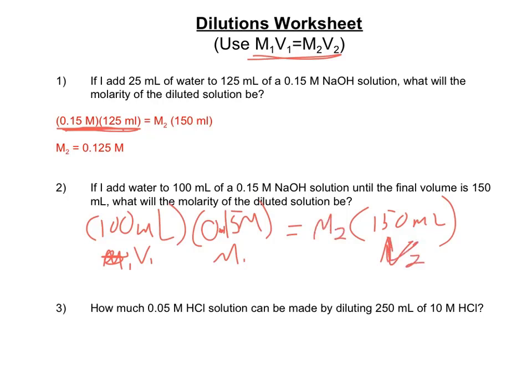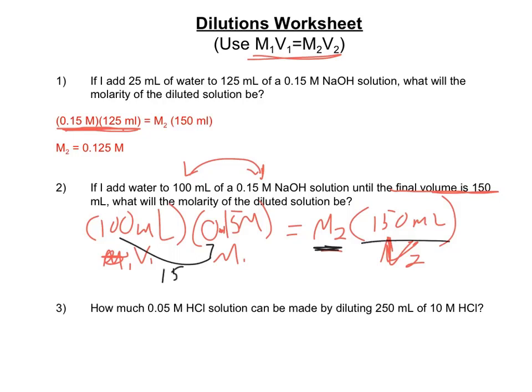Okay, so we've got our starting volume and concentration. Those two things go together. We put them on the left side because that's the starting point. The final volume, they tell you, is 150 milliliters. That's your V2. In order to solve this and find M2, we multiply the 100 times the 0.15, which means we have 15, right?